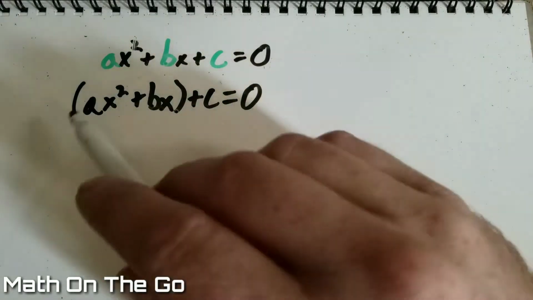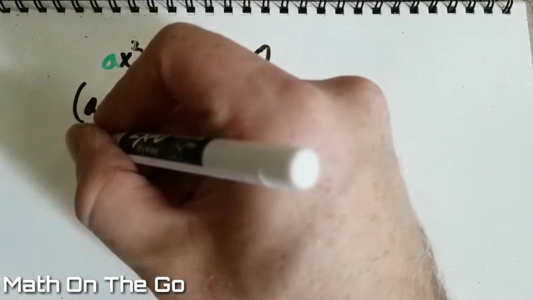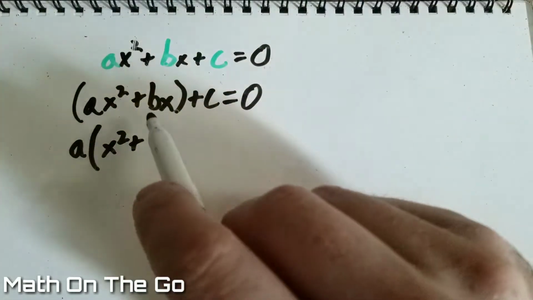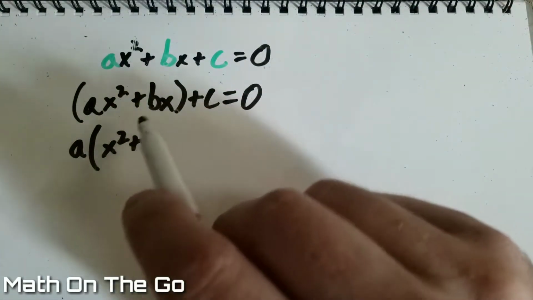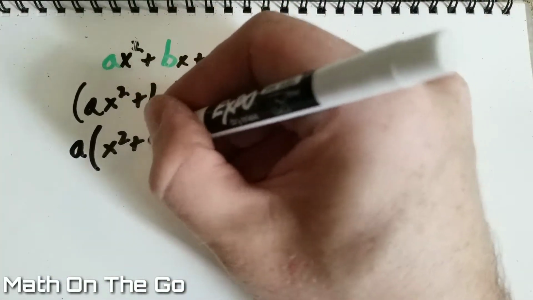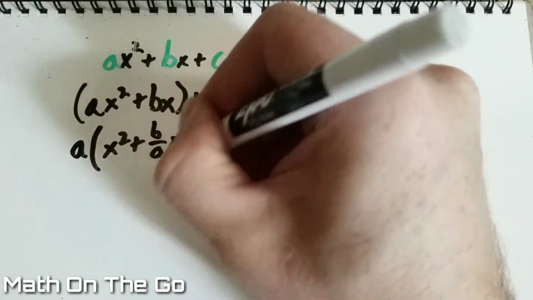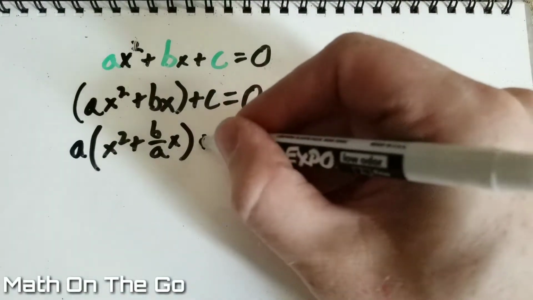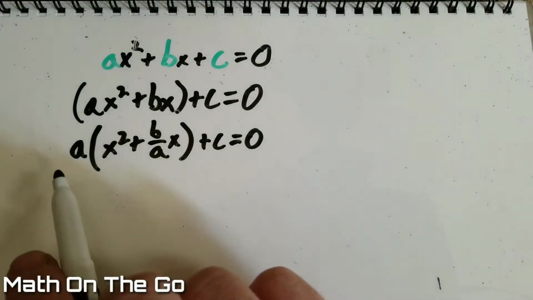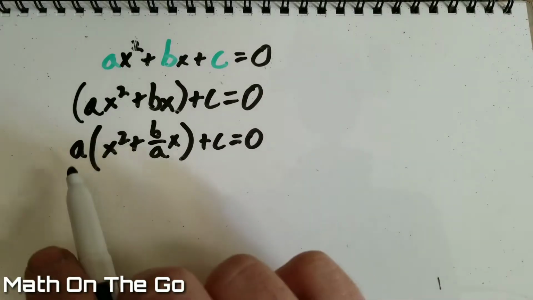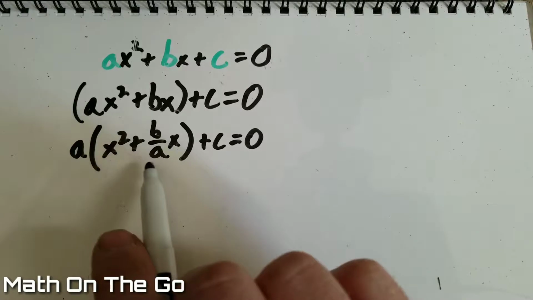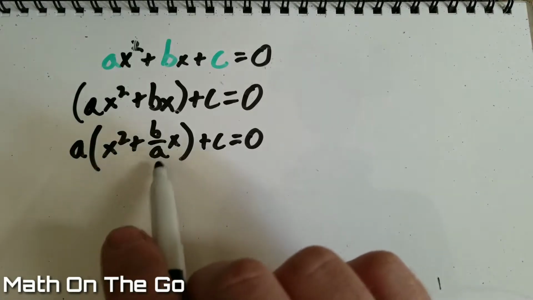And then we're going to factor out our leading coefficient, a, parentheses, x squared plus, well, there was no a term here, but to make it work algebraically, we're going to put b over a, like so, plus c equals 0. So now if you were to multiply this out, you would get ax squared plus bx, because the a would cancel when you multiply it over here.